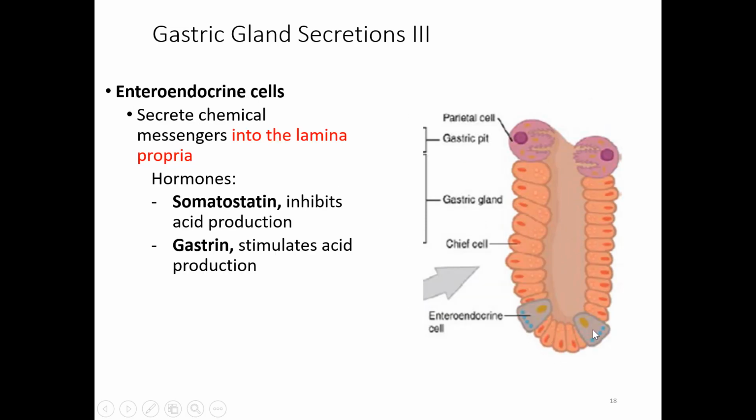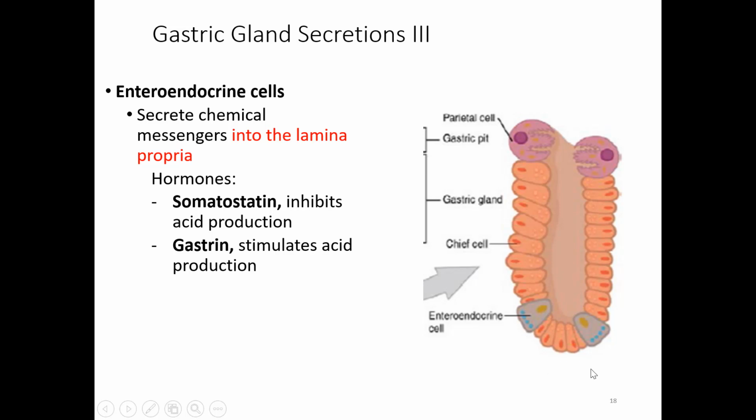Finally, at the bottom of gastric glands, there will be enteroendocrine cells. All the other cells, parietal, chief, mucous cells, produce their secretions right here, and it goes through the ducts onto the surface of the stomach, into the stomach, while the enteroendocrine cells' chemicals will be going down to the blood vessels.